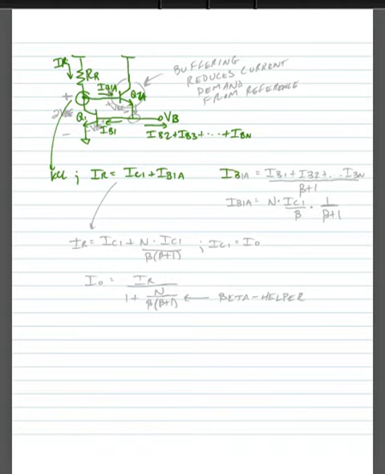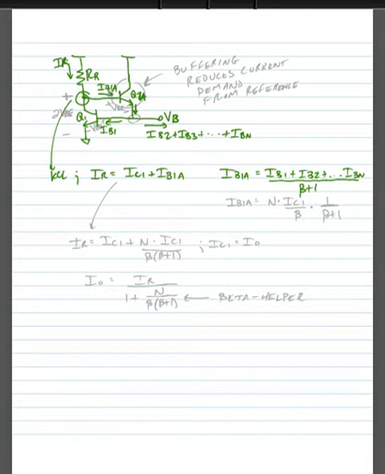And we can see that IB1A is going to equal IB1 plus IB2 plus all the way up to IBN divided by beta plus 1, because all of these IB1, IB2, IB3 currents are coming through the emitter.